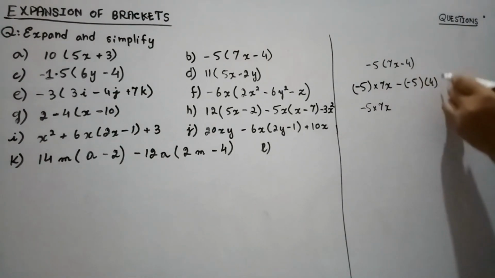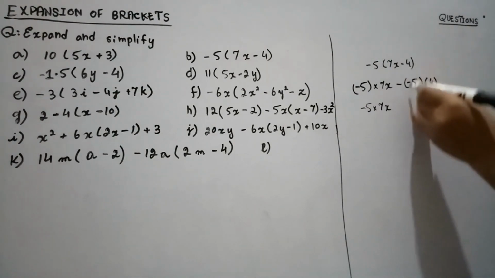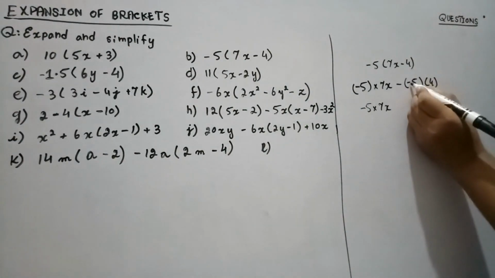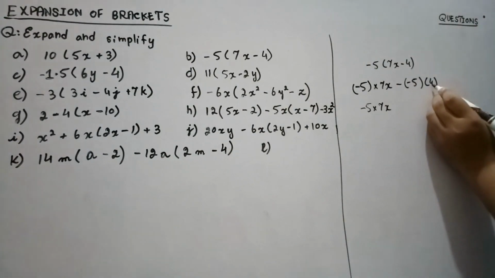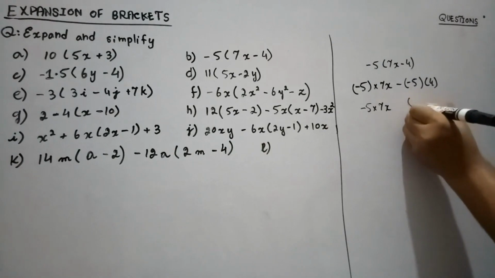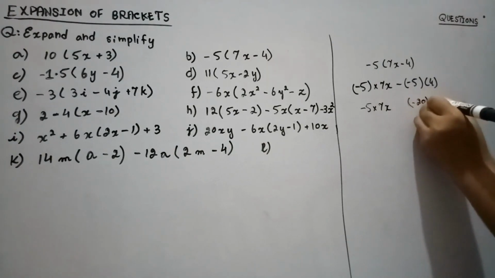As we know, a negative sign will invert the signs. So minus 5 multiplied by 4 gives minus 20.